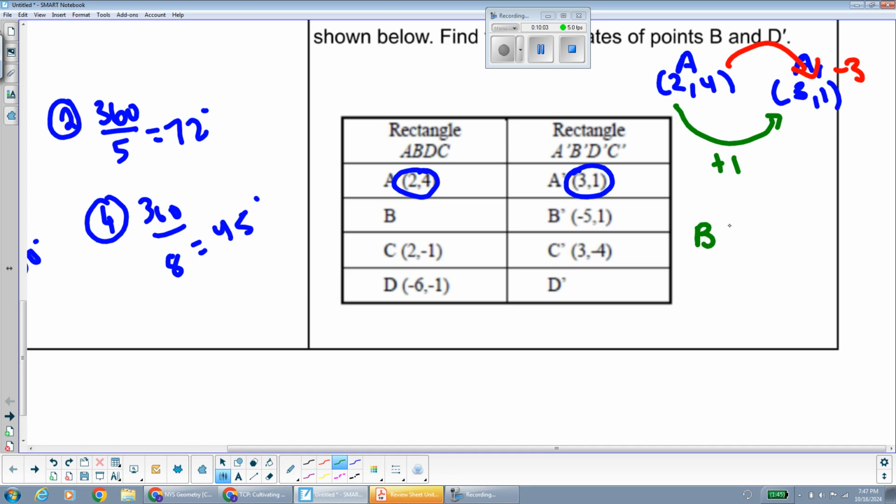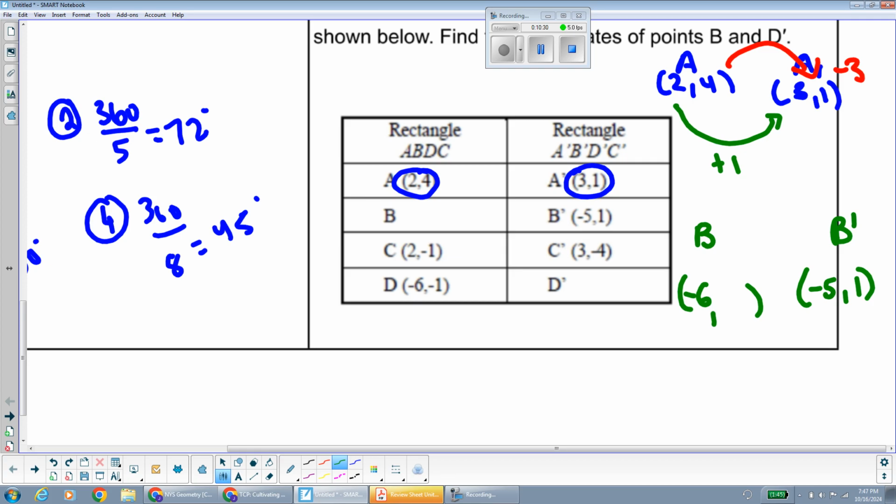So next we have B and B prime, and this time we're given B prime. So we're going backwards. So instead of adding 1 to the x coordinate and subtracting 3 from the y coordinate, I'm going to do the reverse. I'm going to subtract 1 from the x coordinate. -5 minus 1 is -6. You can use a calculator for that. You're getting more negative. It's a bigger number when you get more positive, when you get closer to 0.